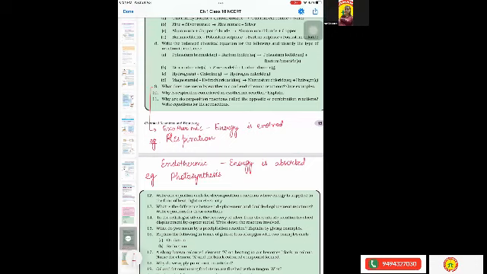Now I'll give a chance to anyone who wants to answer, but I don't want repetition. Who can tell me why is respiration considered as exothermic? We wrote the same example. Why do we call it as exothermic in nature? Abhigya?